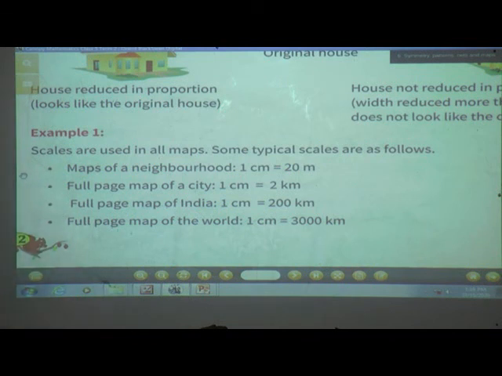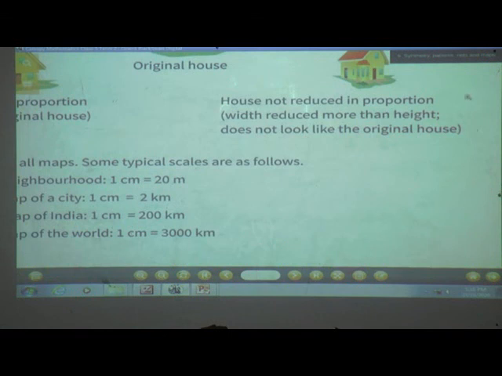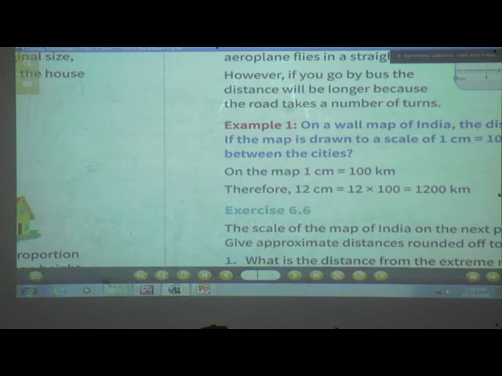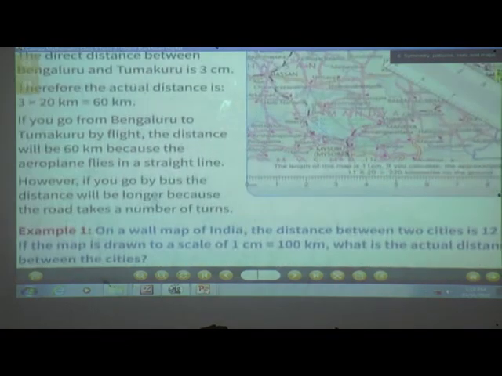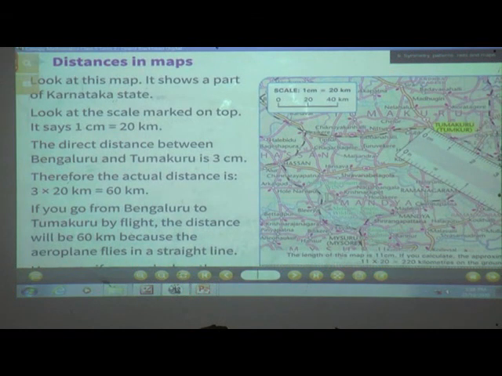Now distances in maps. See page number 93, we will see distances in maps. Here, students, look at this map. It shows a part of Karnataka state.